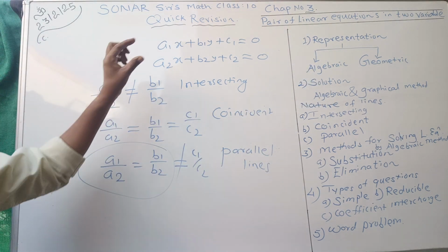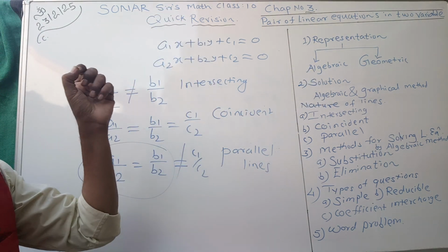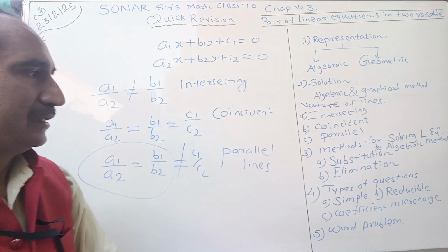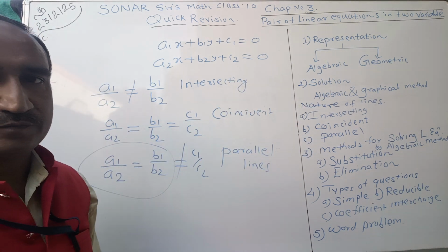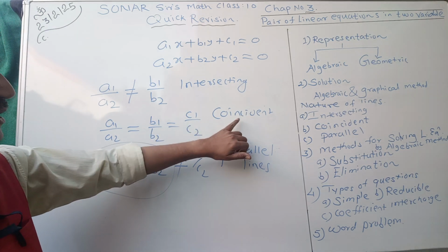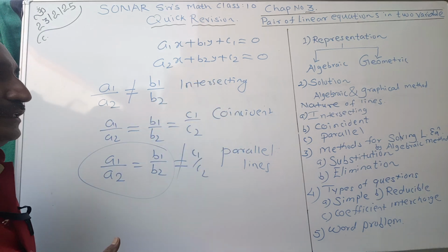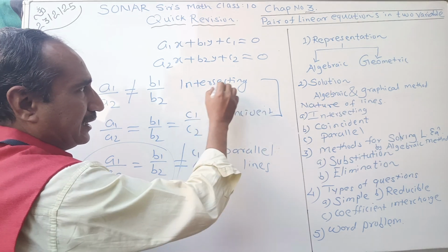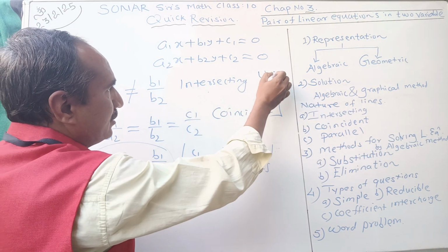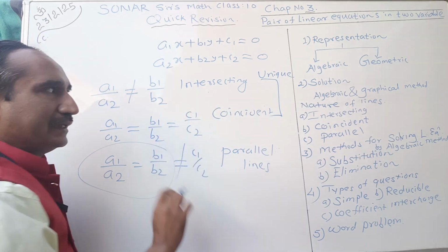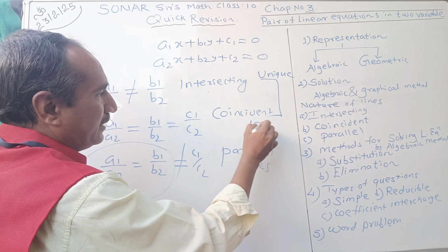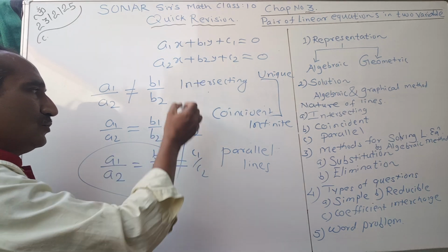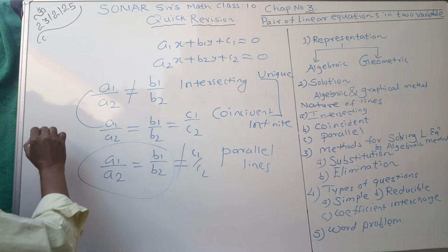If the lines are intersecting in a single point or in infinite points, like the coincident condition. When the lines are coincident or intersecting, in that case the lines have a solution. Here the lines have a unique solution, and in this case the lines have infinitely many solutions, and these two types are also called consistent.